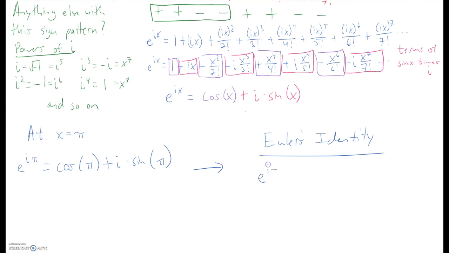Simplifying this expression down, you would get e to the i pi equals cosine of pi, which is -1, plus i times sine of pi, or i times 0, and this would imply that e to the i pi must be equal to -1, or that e to the i pi plus 1 must equal 0.